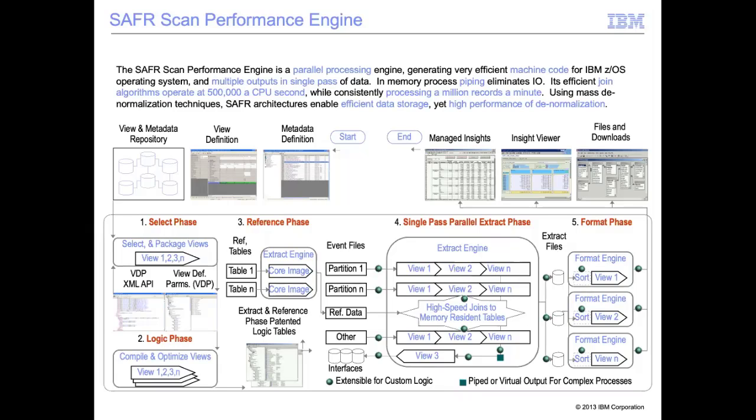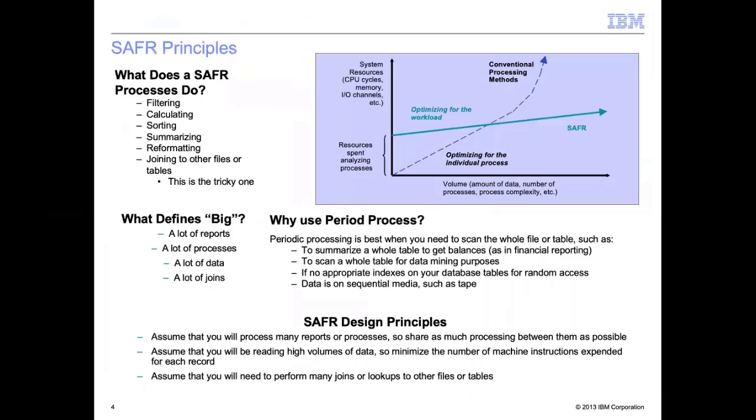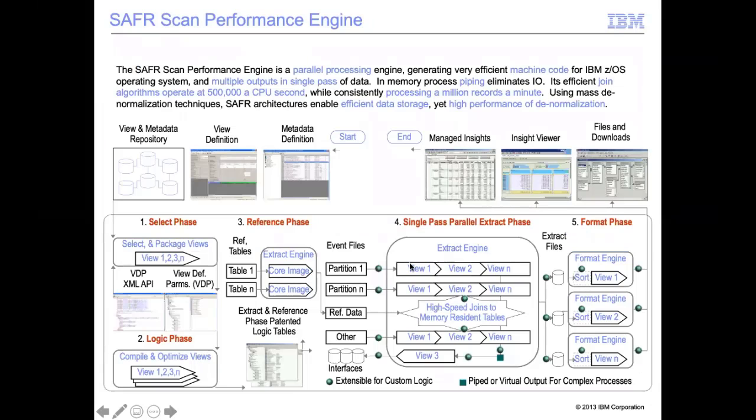Every view that needs to see data from that input file will get to see that data. And as they see those records within those subparagraphs, they're filtering, calculating, sorting, summarizing, reformatting, and joining. Those are the functions that are done within each one of these phases.